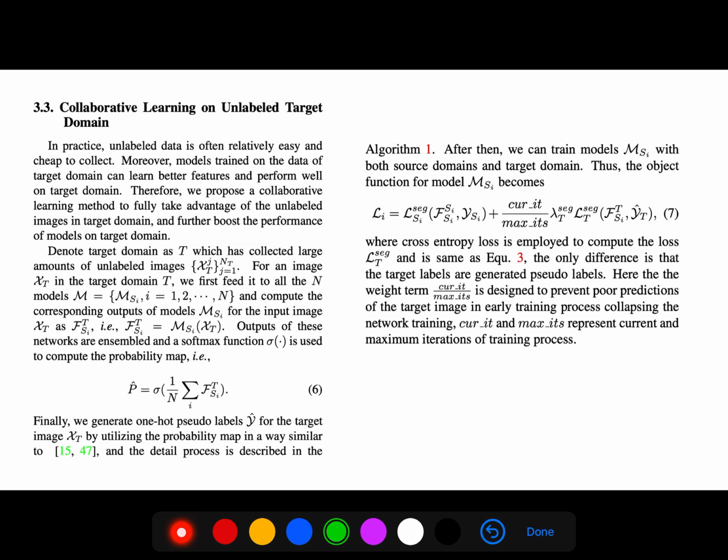Outputs of these networks are ensembled with the softmax function. This softmax function, sigma, is used to compute the probability map. We generate one-hot pseudo labels Y hat.